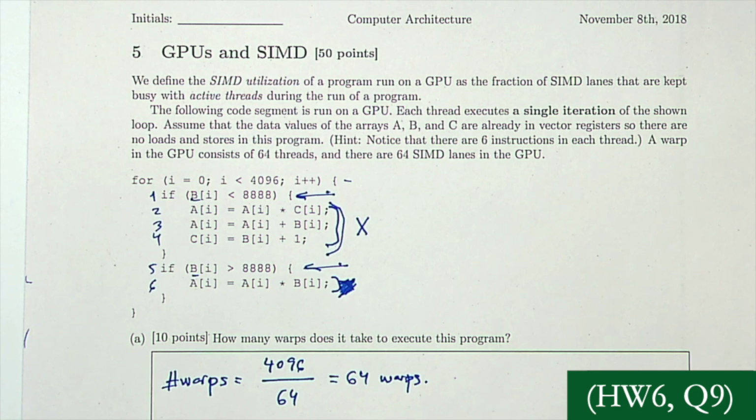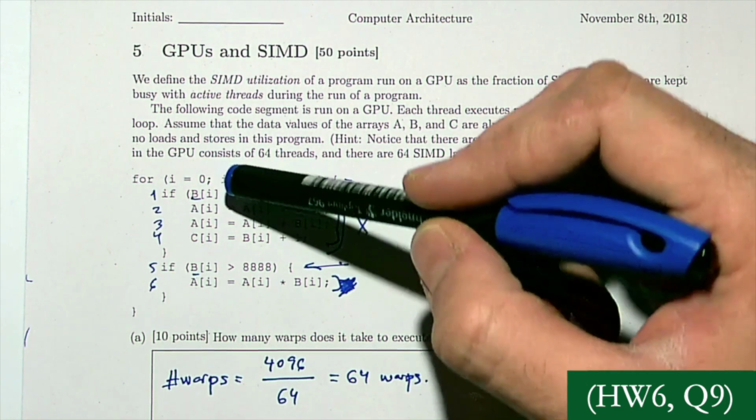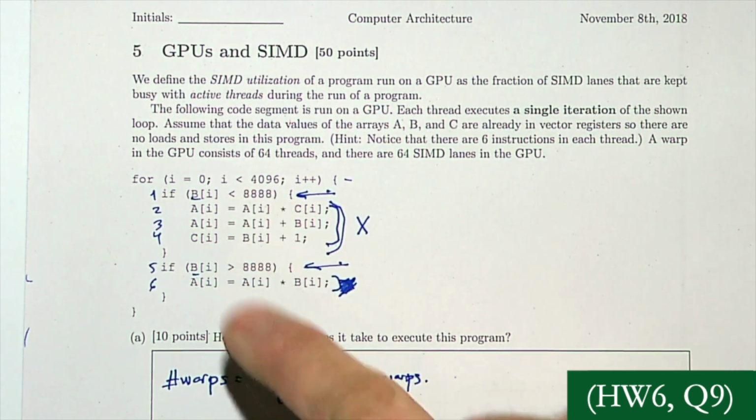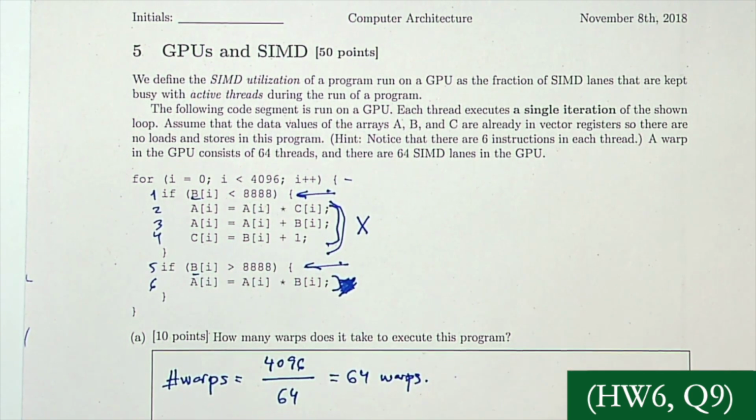And the 3 possibilities are that every 64 elements of B are equal to 8,888, or are greater, or are lower than, right? Every 64 elements.